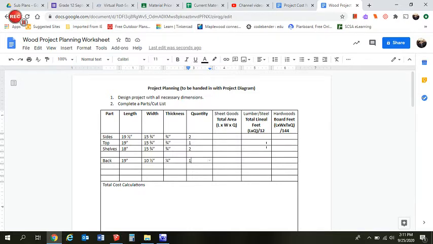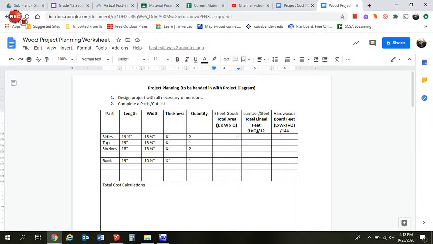If we're working with lumber, so typically like 2x4s, 1x4s, 2x2s, dimensional lumber, or steel, we're going to figure out that cost with lineal feet. And then hardwoods is a completely different calculation, board feet. We're not going to get into that in this video. So right now we're only going to focus on sheet goods. So first off, you want to take 19.5 times 15 3/4 on your calculator.